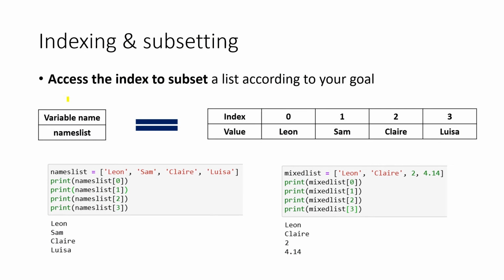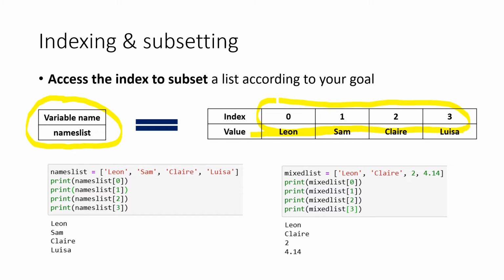So here on our slide we have the variable again called nameslist, and we know already from the previous lesson that it stores 4 different elements. We can see here the element or value is on the bottom part. We can say that Python automatically attaches an index to each element.